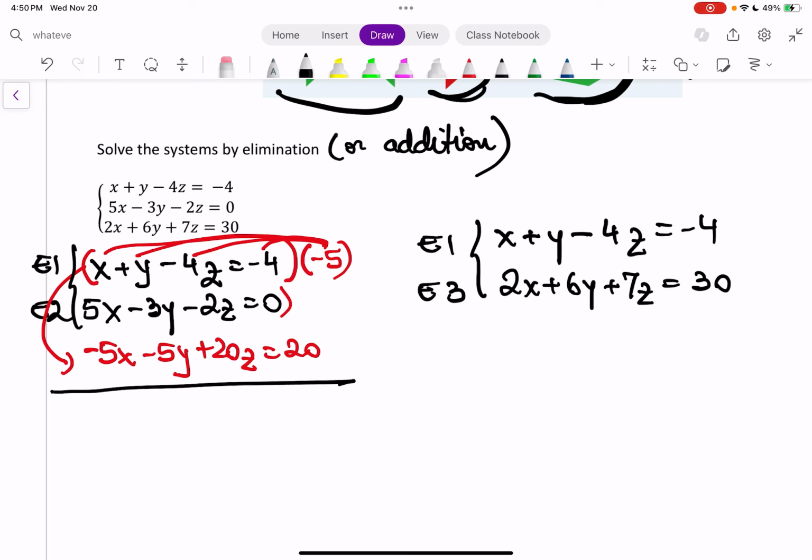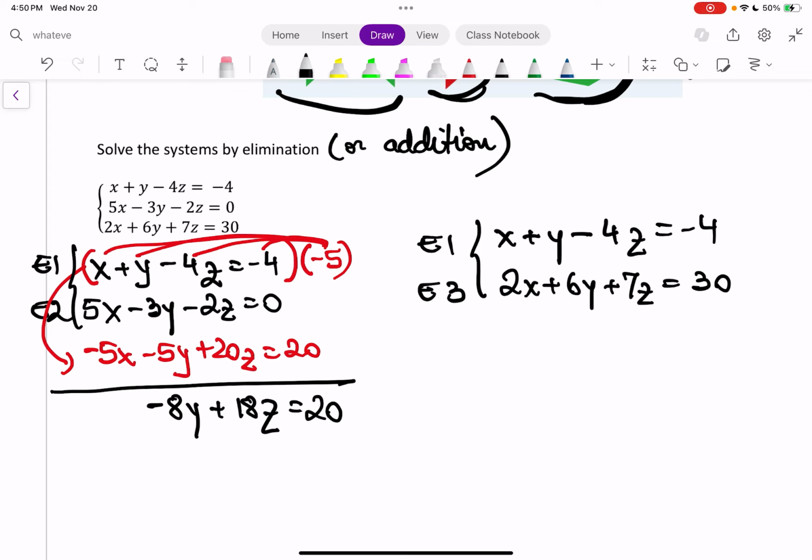And I could just go and add up these two equations. Excuse me, so I'll get no x, because 5x minus 5x is no x, but I'll get a negative 8y plus 18z equals 20. So I've eliminated the x.